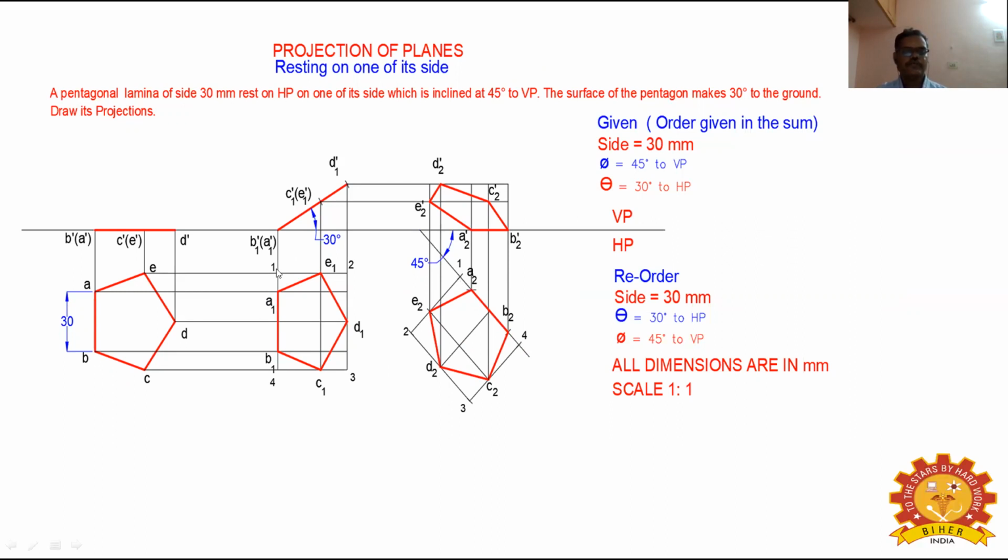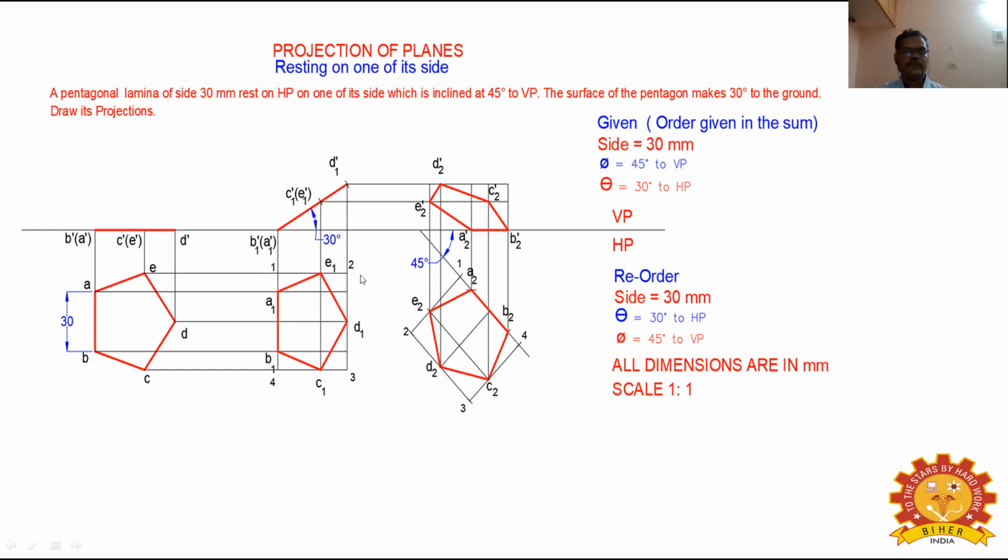From 1 to A1, I measure it using a compass. From 1 as center, cut an arc, mark as A2. Similarly, from 4 to B1, from 4 as center, cut an arc, mark as B2. Now we have transferred two points. Now from 1, draw a perpendicular line. From 4, draw a perpendicular line.